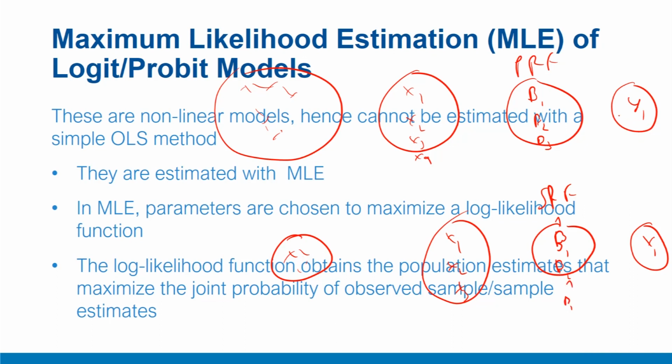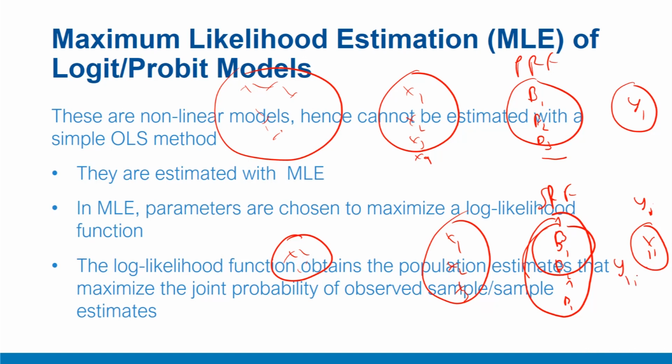Now please remember, for each observation yi which is part of our sample, a set of parameter estimates may be there. For all times, we remember we do not have the population parameter estimates, we have sample estimates. And for each observation, a set of estimates may be there.